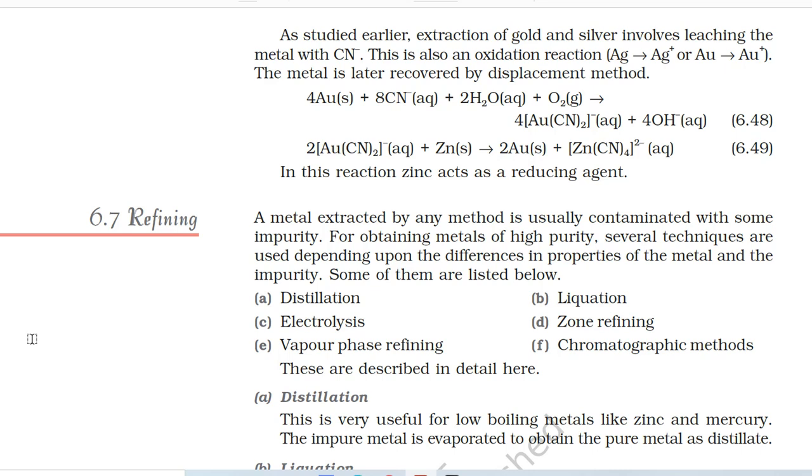The metal is later recovered by the displacement method. 4Au (s) + 8CN- (aq) + 2H2O (aq) + O2 (g) gives 4[Au(CN)2]- (aq) + 4OH- (aq). 2[Au(CN)2]- (aq) + Zn (s) gives 2Au (s) + [Zn(CN)4]2- (aq). In this reaction, zinc acts as a reducing agent.